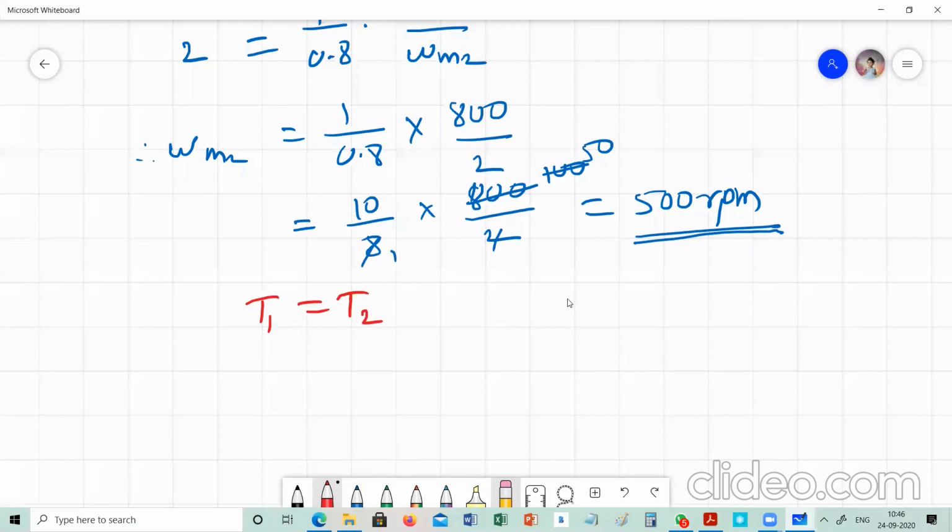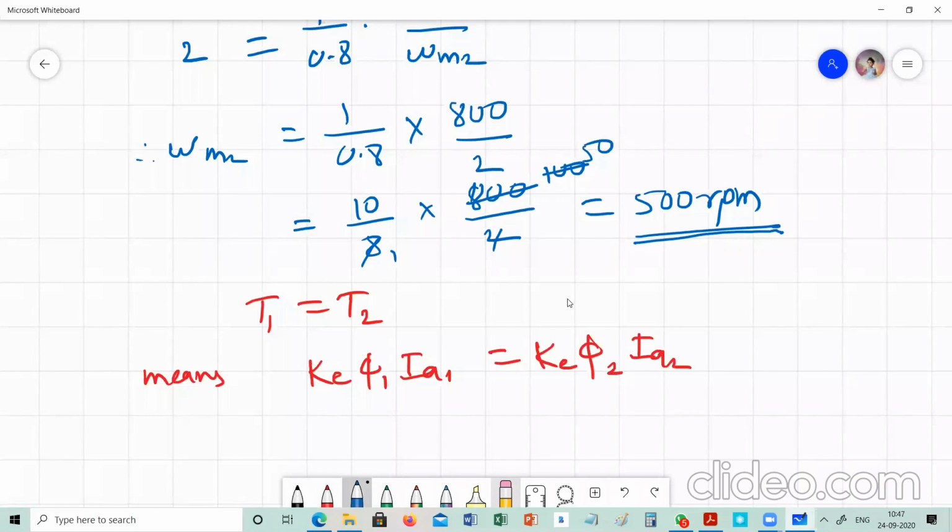The torque is constant, which means T1 is equal to KE phi1 IA1 is equal to KE phi2 IA2. KE is a constant which gets cancelled.